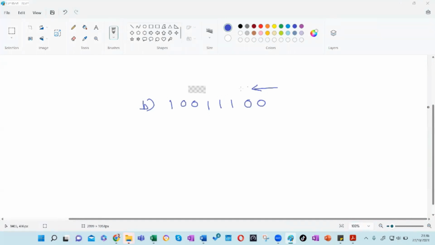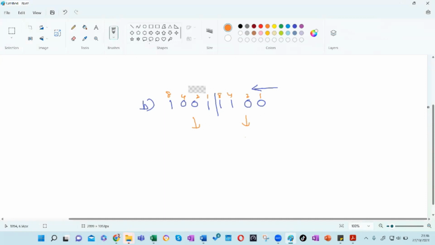You start from the right corner and you group them into nibbles. So 1, 2, 3, 4, 1, 2, 3, 4. Right. And then you write the positional values 1, 2, 4, 8, 1, 2, 4, 8, and then represent them as a denary number.